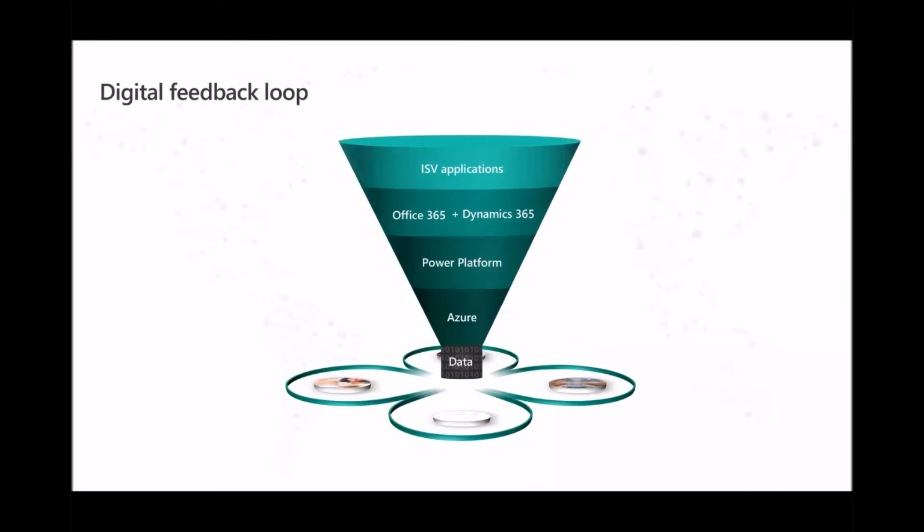ISV applications are applications developed by our partners, which give a flavor from a specific industry, specific process, or specific use case to the standard application that Microsoft develops. So starting from the data, Azure, basic infrastructure, smart services, Power Platform to go fast, ready-to-use business applications, plus partner solutions. So that's the landscape, how it looks like in the digital feedback loop.